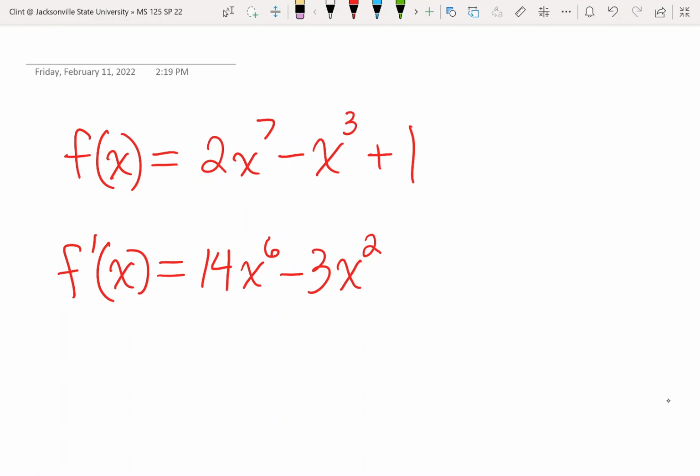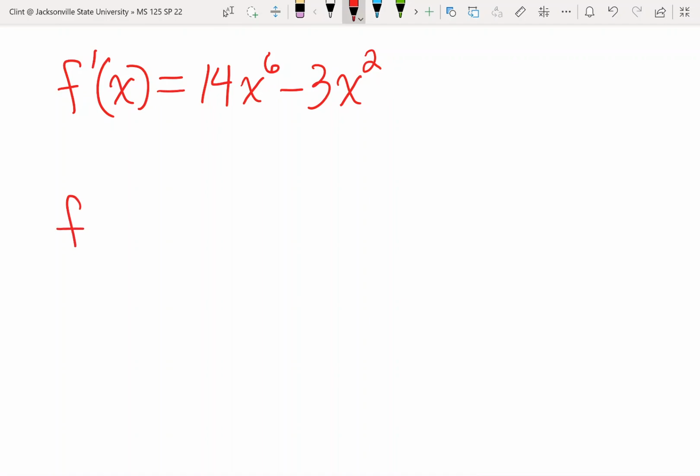So a lot better. Because it's constant, if you take the derivative of a constant, you get 0. It goes away.